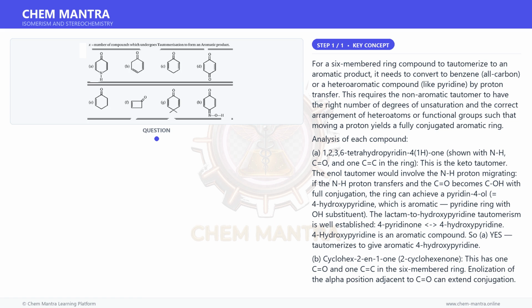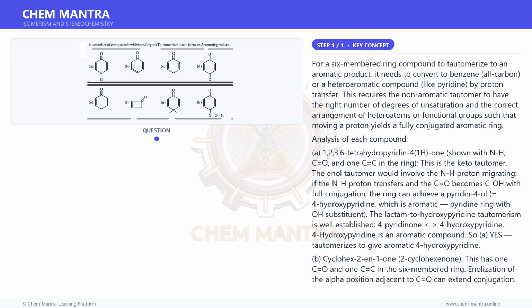A single enolization step gives cyclohexa-2,4-dien-1-ol, not directly phenol. Multiple tautomeric steps would be needed. Strict tautomerism, single-step proton transfer, from cyclohexenone does not directly yield an aromatic compound. So, E. No.